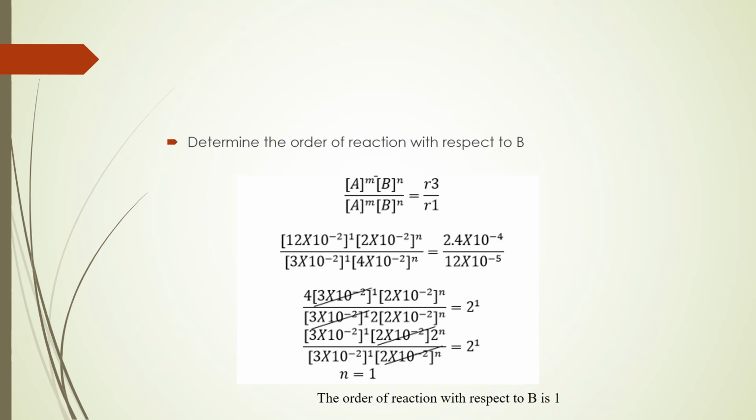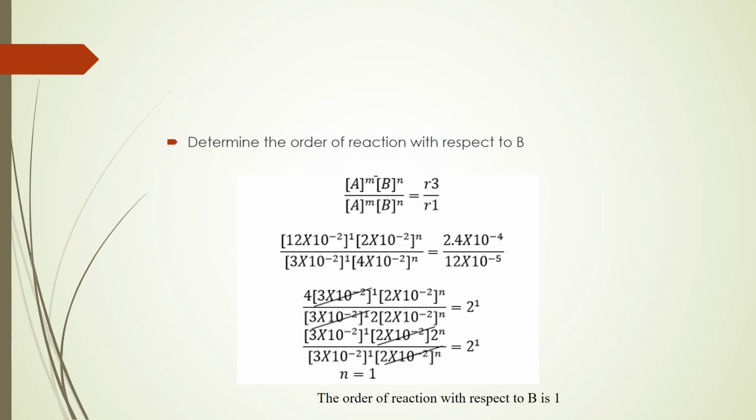So we have 12 times 10 to the power of minus 2 times 2 times 10 to the power of minus 2 to the power of n. We are going to get n here. Over 3 times 10 to the power of minus 2 times 4 times 10 to the power of minus 2 to the power of n, equals 2 to the power of 1, because of the initial rates for experiment 3 over experiment 1.